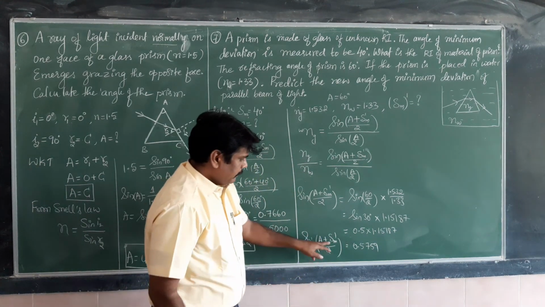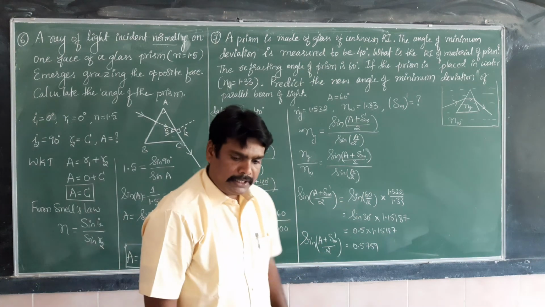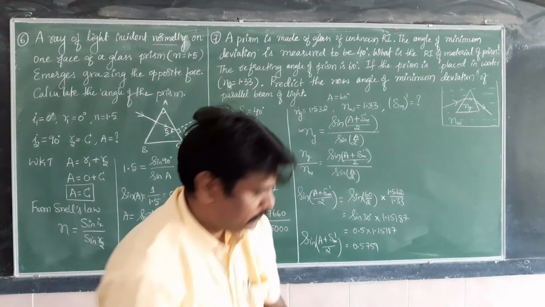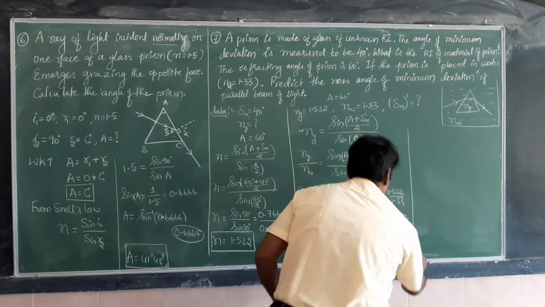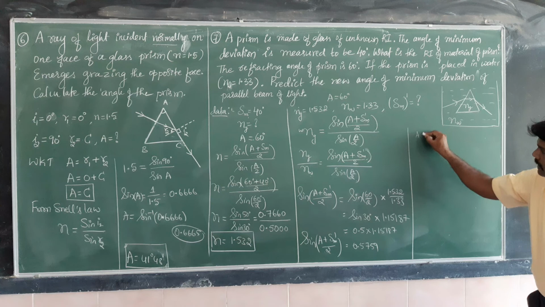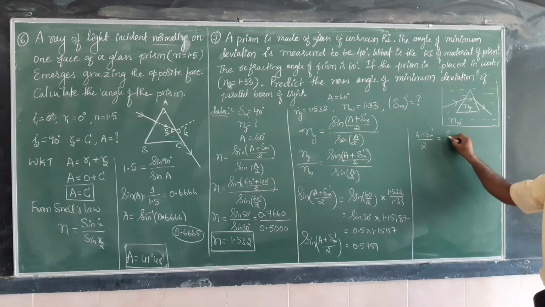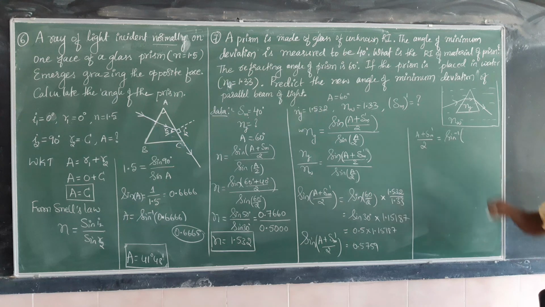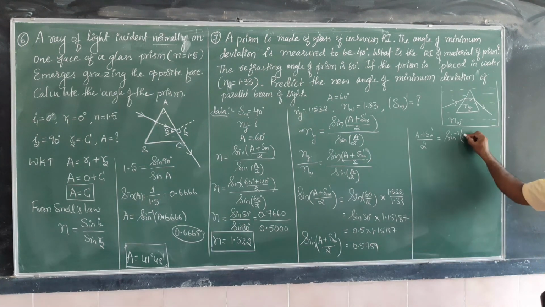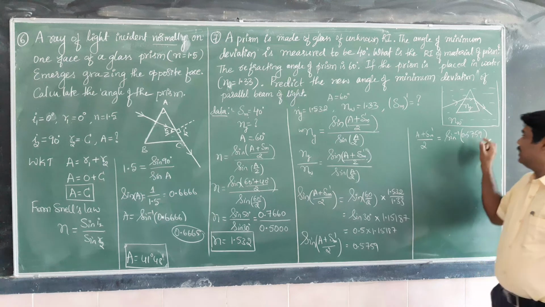Since we have to simplify for delta m dash, transfer sine to the right hand side and find the trigonometric value there. You can use a class table for that; you know how to use the class table. It will become (A plus delta m dash) divided by 2 equals sine inverse of this value, 0.5759. This number you have to search in the natural sine table.